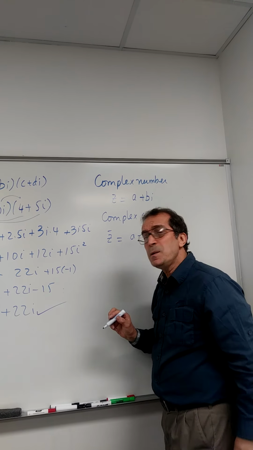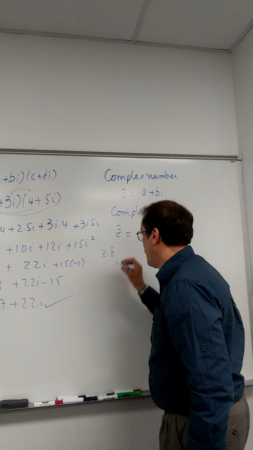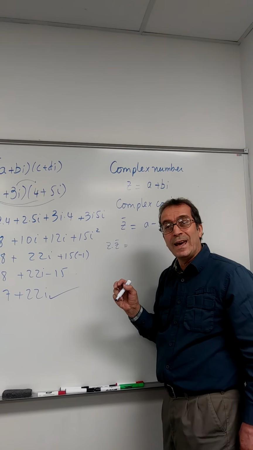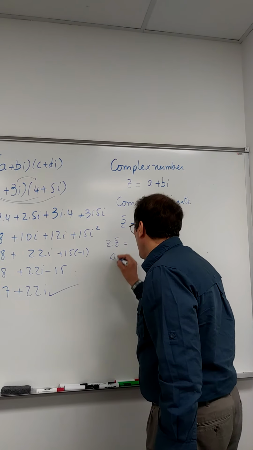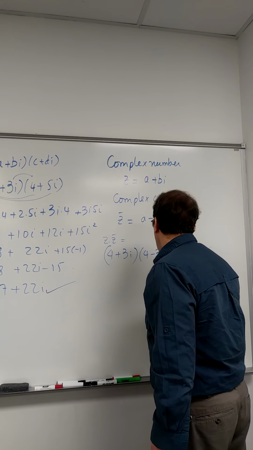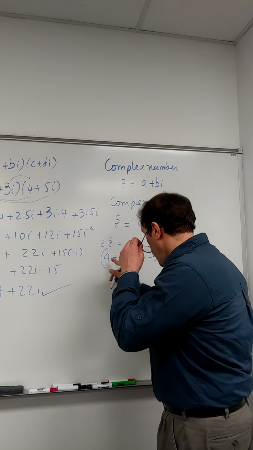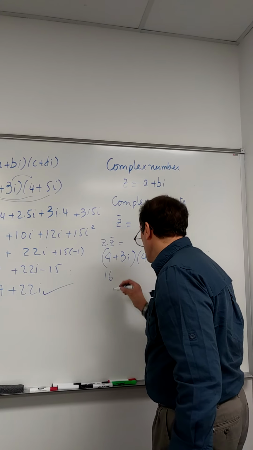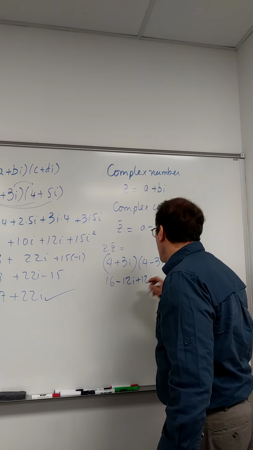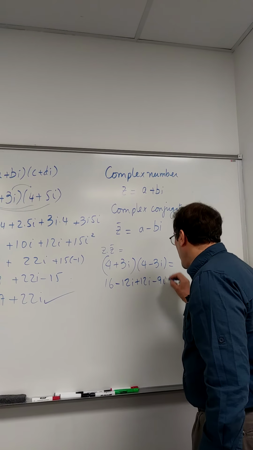When you multiply a number by its conjugate, z times z bar, the imaginary part will cancel. For example, 4 plus 3i times 4 minus 3i. 4 times 4 is 16, minus 12i, plus 12i, plus 3i times minus 3i is minus 9i squared.